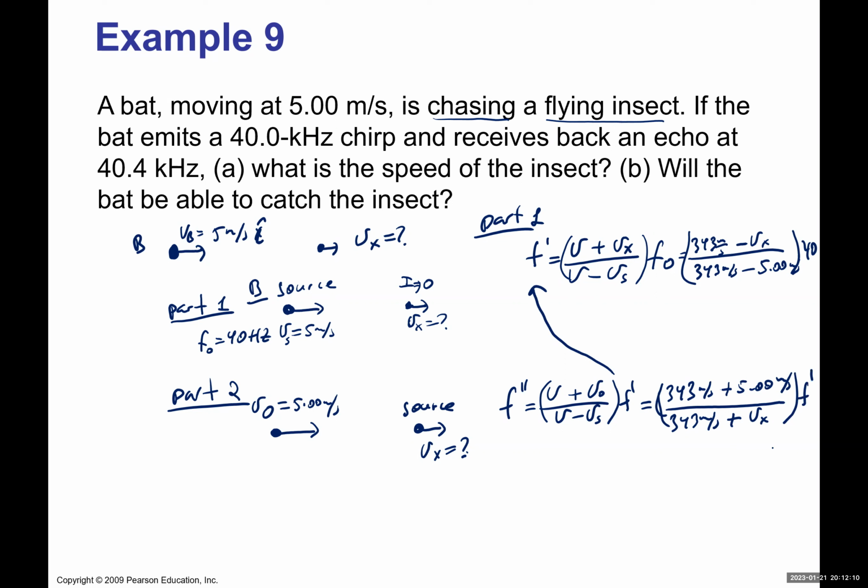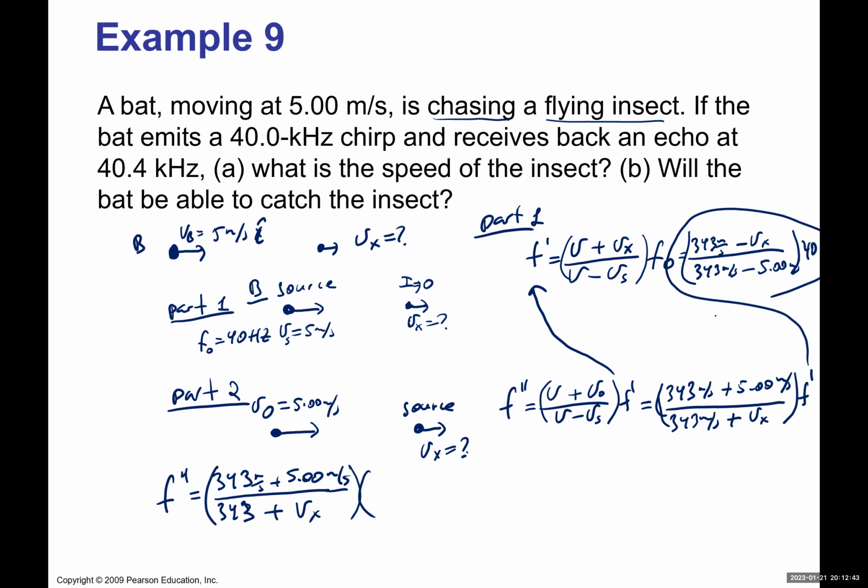Now what we end up with is that f double prime is equal to 343 meters per second plus 5 meters per second, over 343 plus Vx, times f prime. For the f prime, I'm going to go ahead and bring it here.